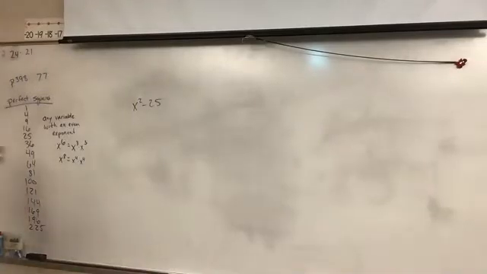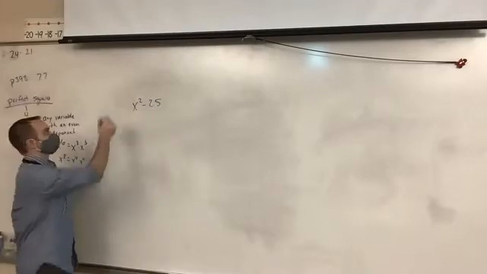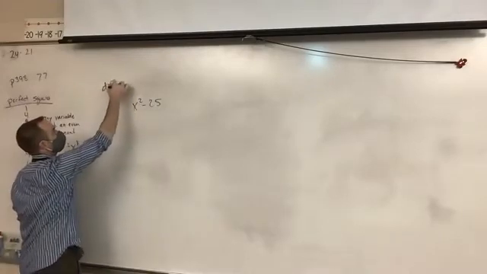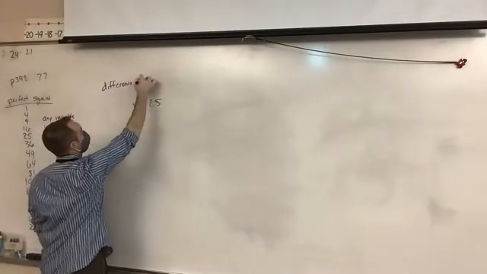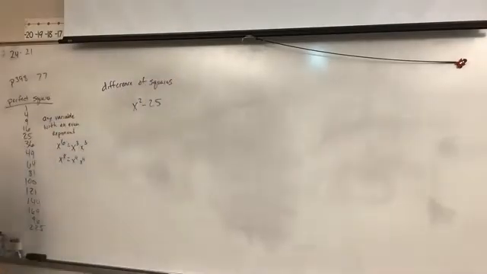Now this is different than any of the ones that we've seen in the last few sections because there's only two terms. I've got a binomial now. This is what we call a difference of squares.